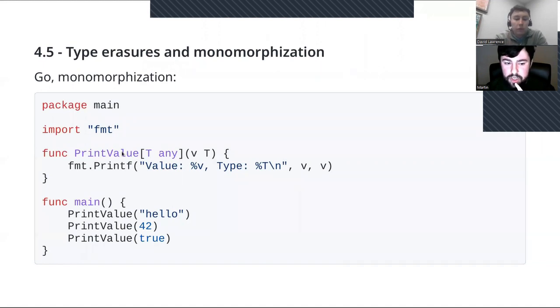It will create one version of print value for hello, for 42, and for true, right? For the string, for int, and for the boolean, and it will create those three versions of functions individually. This is the process of monomorphization. It is taking each one of these occurrences, figuring out the types, and creating specific functions based on those types, and then further compiling that as a second pass in the compiler. That process is monomorphization.